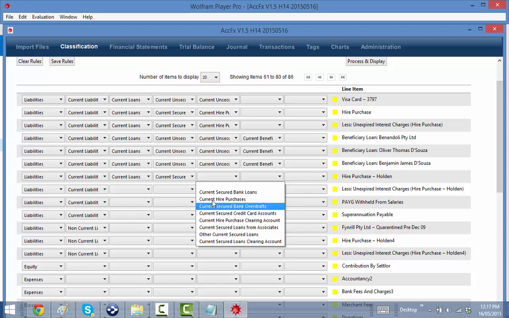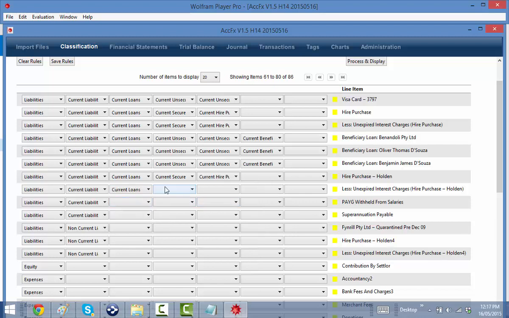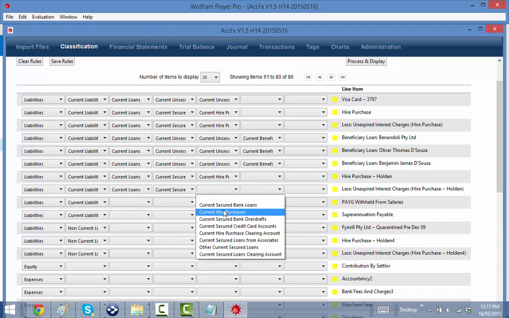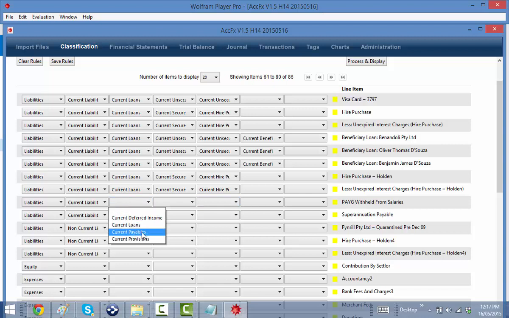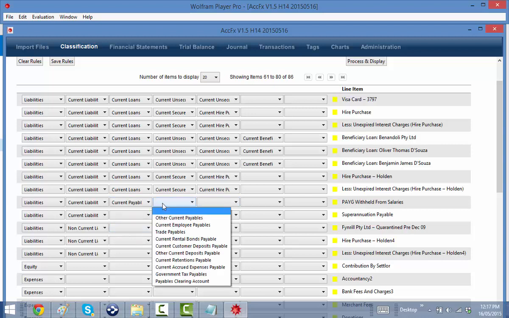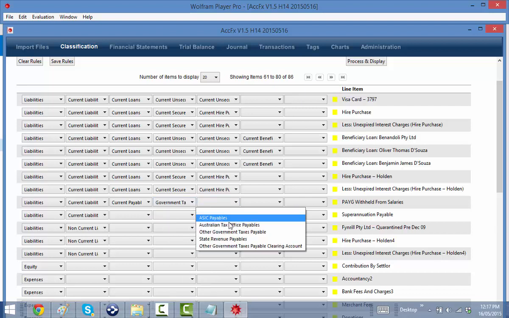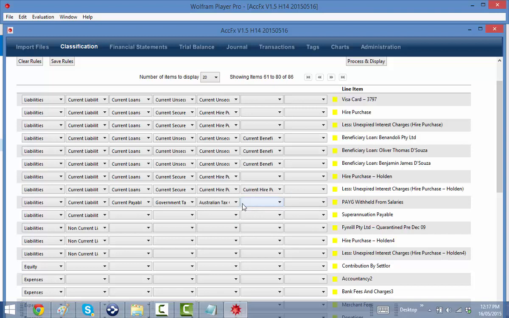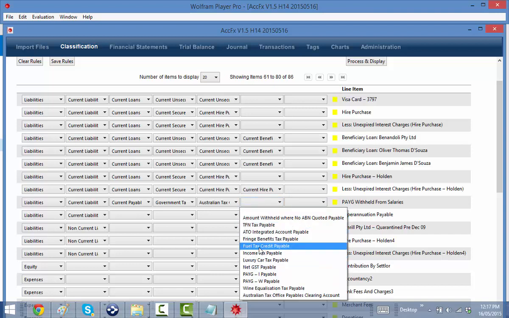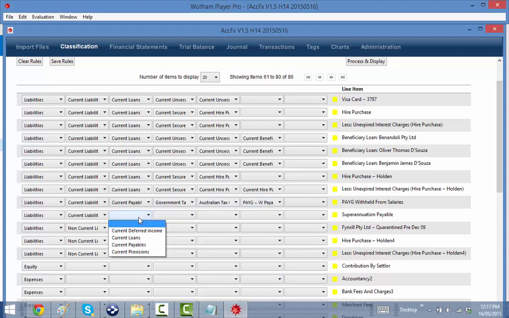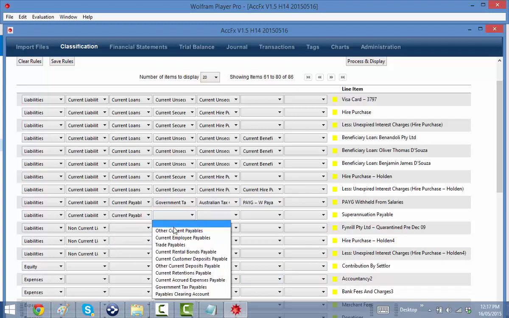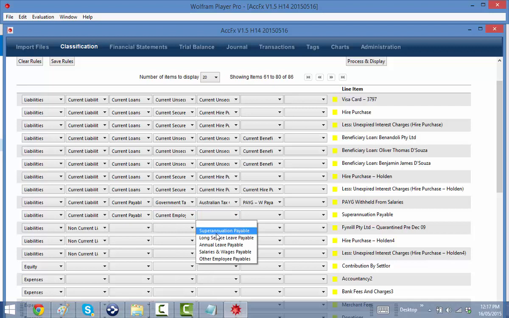Current secured loans, current hire purchases, current payables, and we can see PAYG, so that's got to be government taxes payable, Australian Tax Office payable, and PAYG from salary and wages, we know, current payables, current employee payables, superannuation payable.